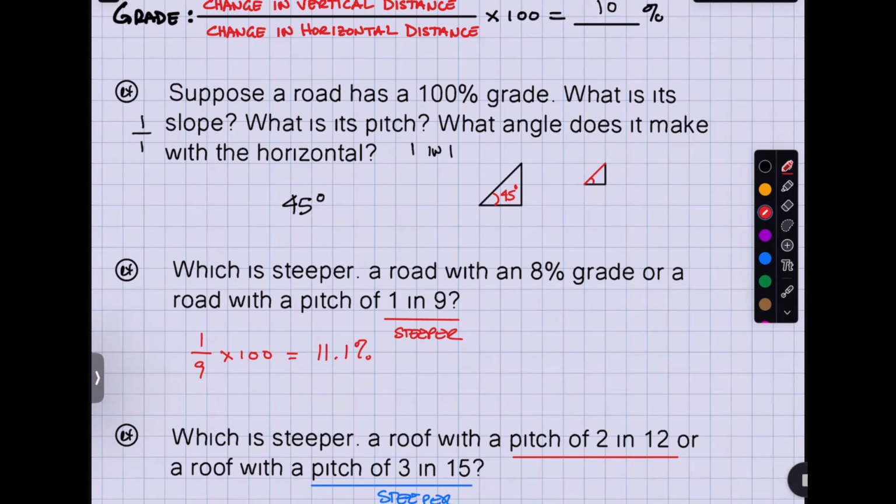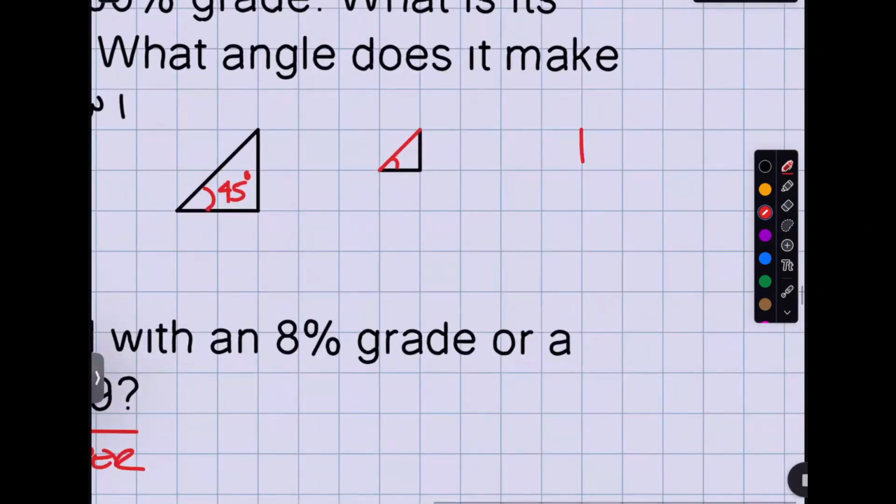Because if it was a 1 and 2, it is a lot harder to find. I can find that distance, but I can't find the angle without using trig. Oh, okay, so I don't have to worry about that. Correct. Until I teach you trig, then you'll have to be careful with it. Which would be tangent of the angle. So it would be inverse tan of 1 over 2.